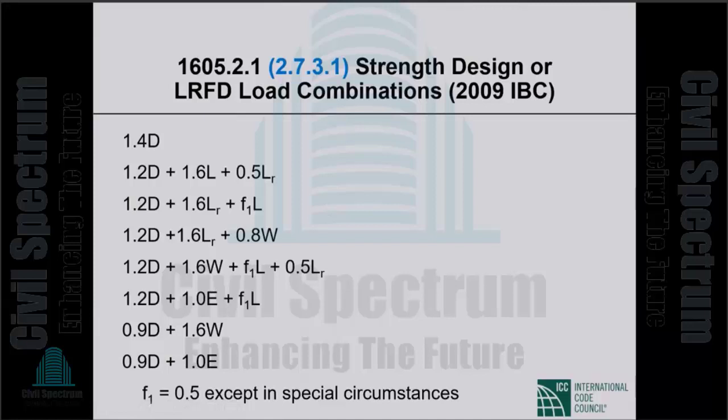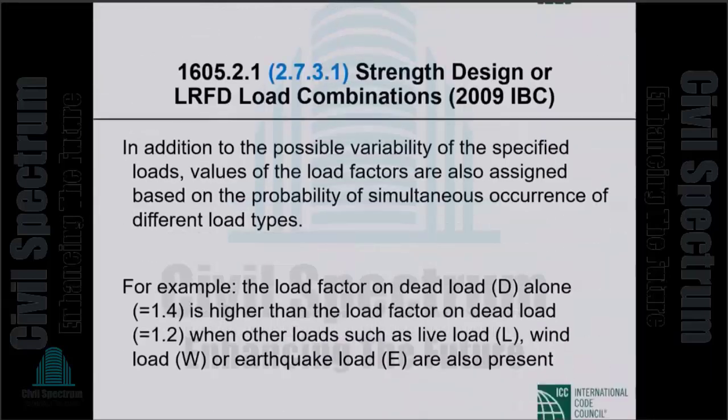F sub 1 can be 0.5 or 1.0. As I mentioned, it is 0.5 unless you are designing a parking structure, a place of public assembly, or an area supporting more than 100 pounds per square foot of live load.